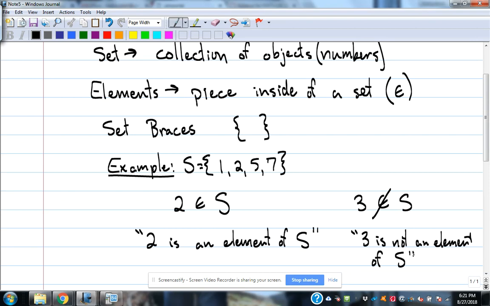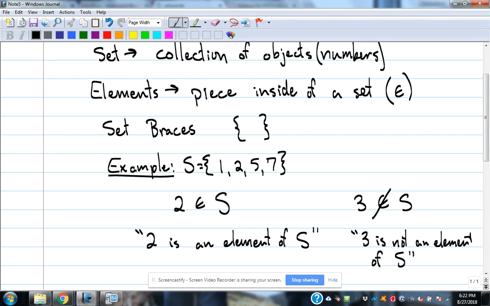That's how you would read that. So 2 is an element of S is 2 epsilon S. 3 is not an element of S means just put a slash through the epsilon symbol there.